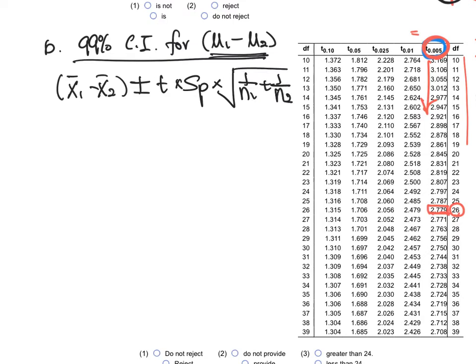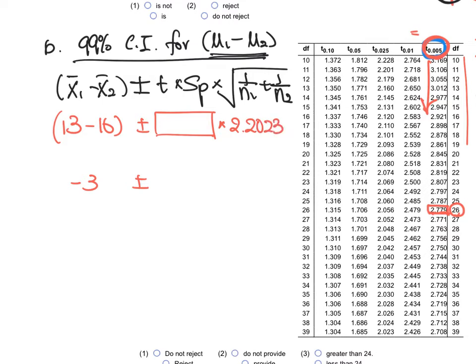So the mean difference, 13 minus 16, will be negative 3. We are going to take the t-score later. And SP was 2.2023 times the square root of 1 over 14 plus 1 over 14. And now the problem is what is the t-score?